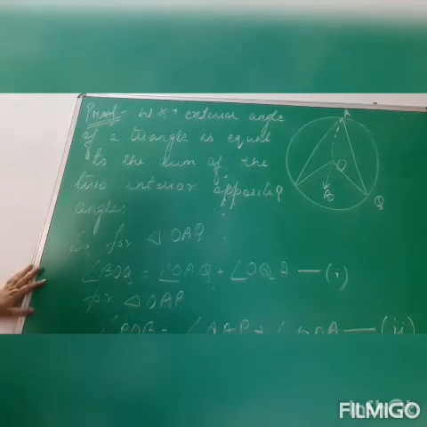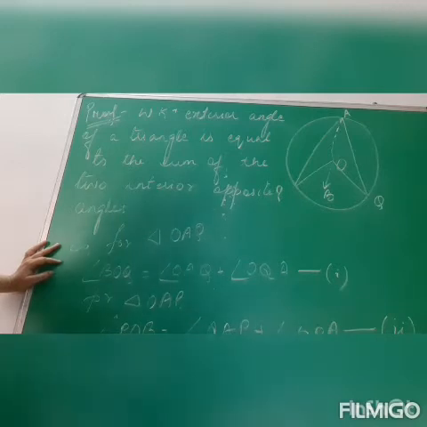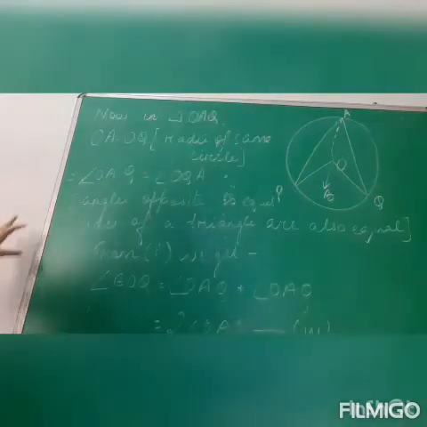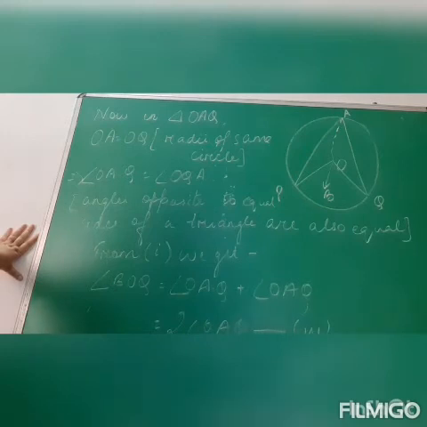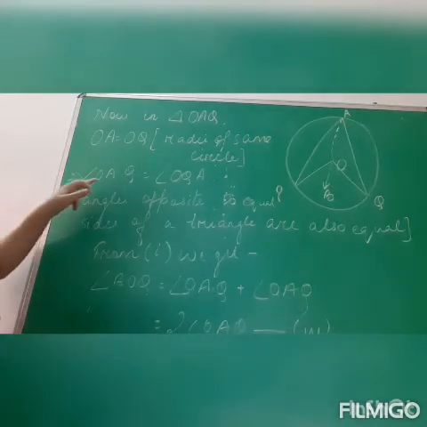Similarly, from triangle OAP, angle POB can be written as OAP plus OPA. Give this as equation number 2. Again, in triangle OAQ, OA is equal to OQ because they are the radii of the same circle. So angle OAQ is equal to angle OQA.